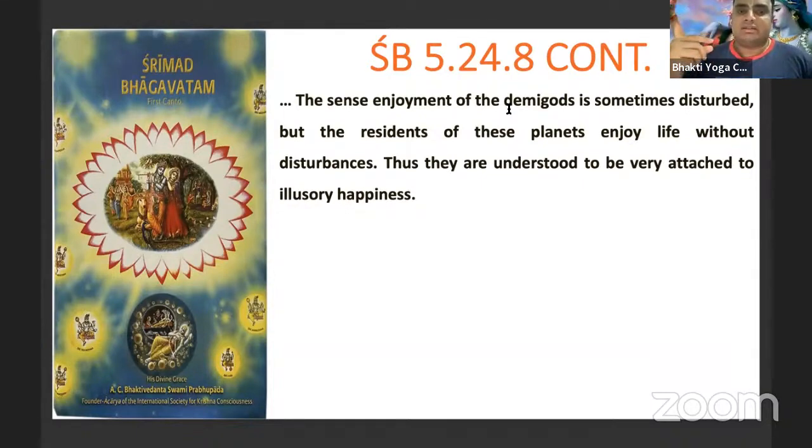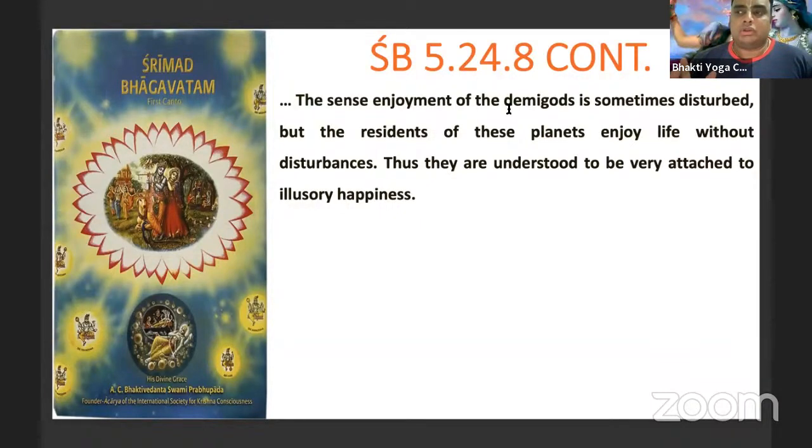The difference is that having unlimited material opulence makes them completely forget God consciousness, because they are always absorbed in material sense enjoyment. That is the real curse of being trapped in the lower planetary system.